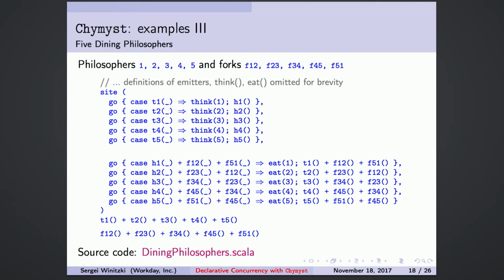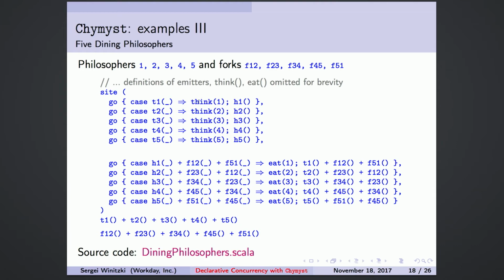Finally, I want to show the example of dining philosophers. What happens here is that I define molecules that represent a thinking philosopher and a hungry philosopher. Then I write reactions between these molecules. The thinking philosopher molecule reacts by itself and doesn't need any other molecules to start a reaction.